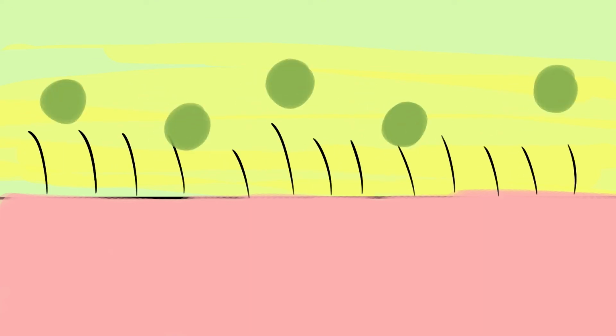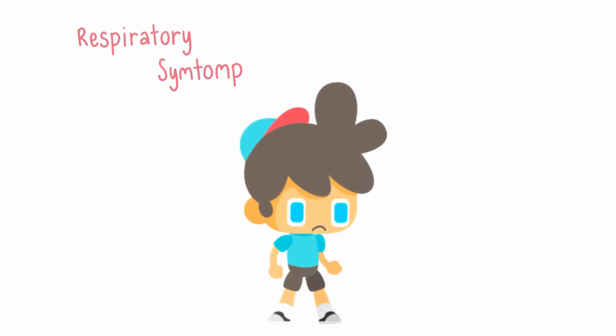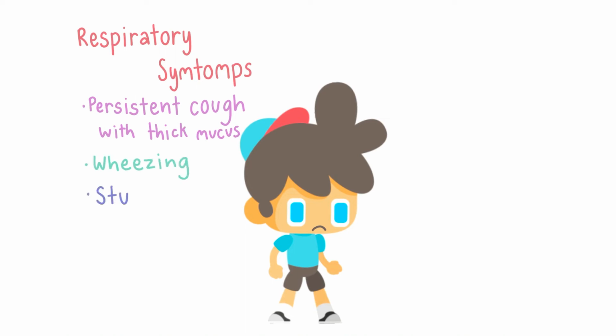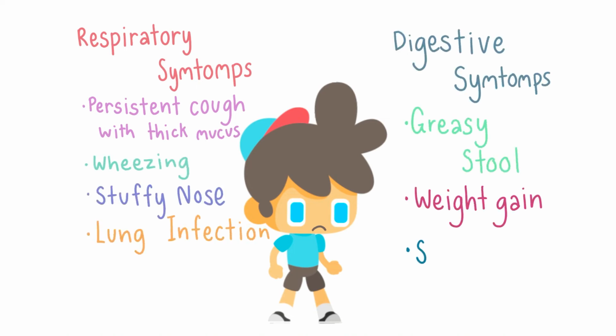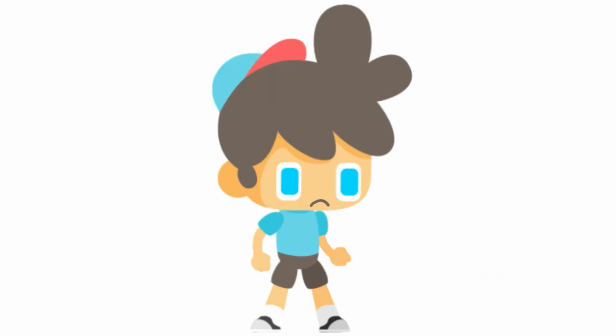Then the water from the mucus would travel down into our cell, which causes the mucus to be thicker, denser, and stickier. The thick mucus can cause severe problems with breathing and bacterial infections in the lung. Moreover, it can cause chronic coughing, wheezing, and inflammation.